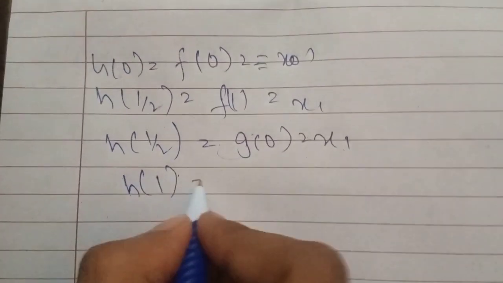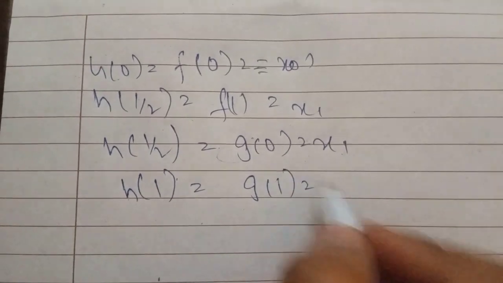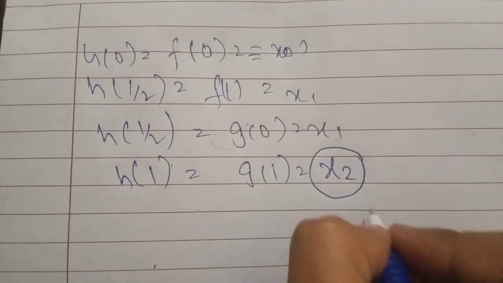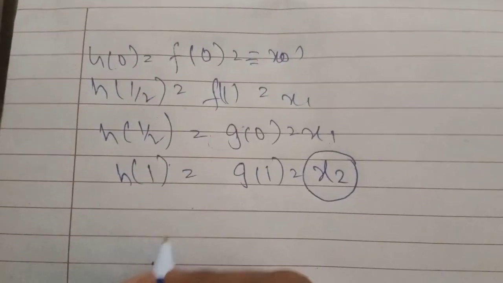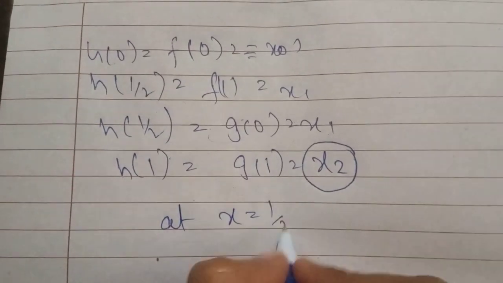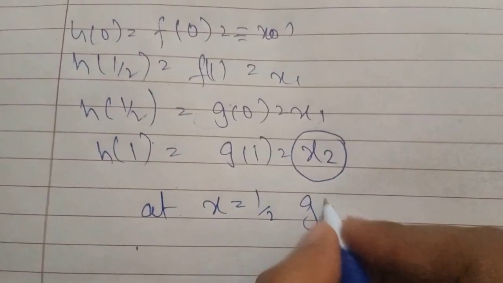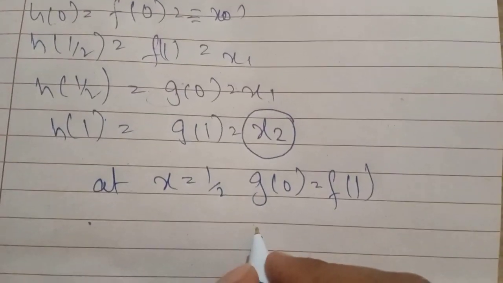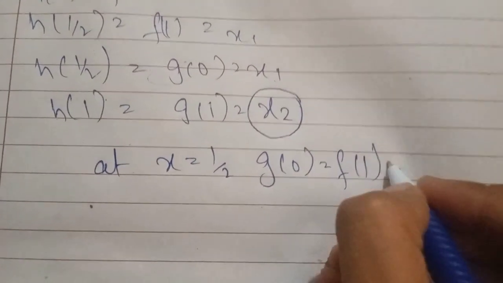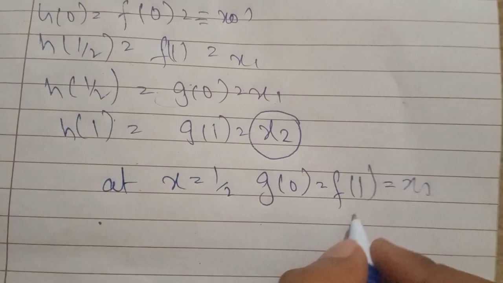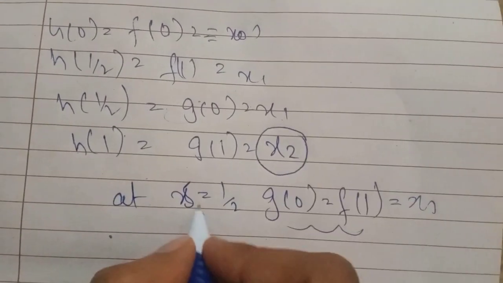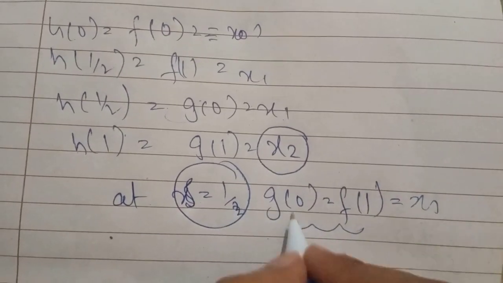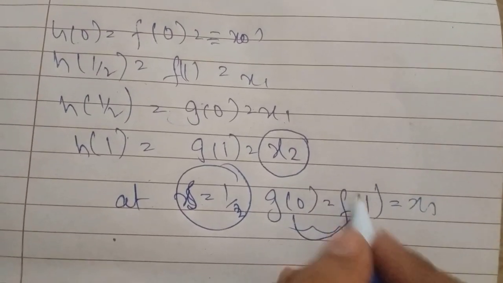And h of 1 is equal to g of 1, which is the last terminal point x2. So at s equal to half, we get g of 0 and f of 1, both equal to x1, meaning that at s equal to half we get the same points for both functions.